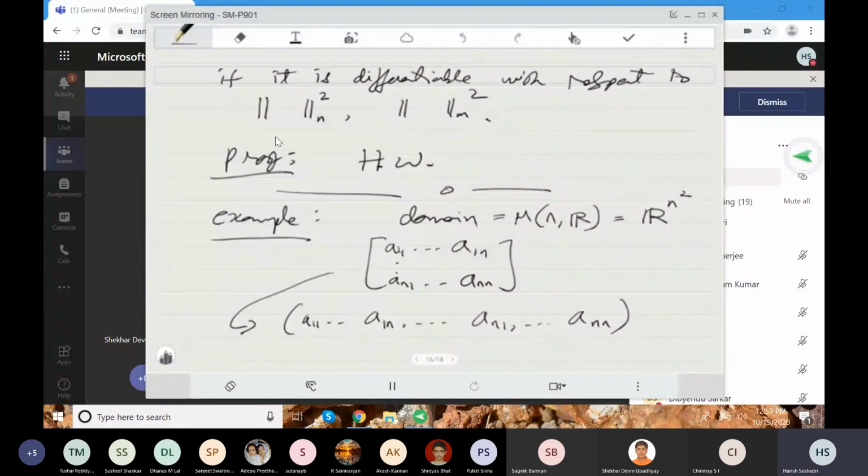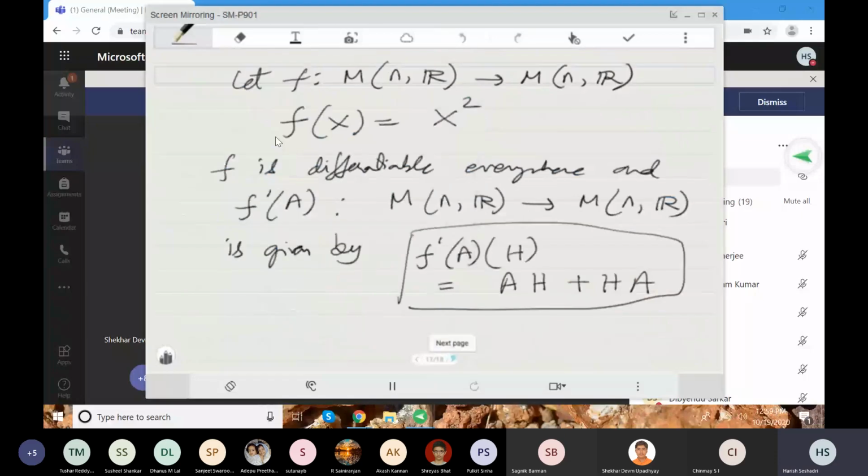Technically speaking, it could be differentiable with respect to different norms, but I might end up getting different notions of derivative. But that's not the case. The derivative as a linear transformation will continue to be the same for both norms. Anyway, the proof will show that, so I didn't say that.